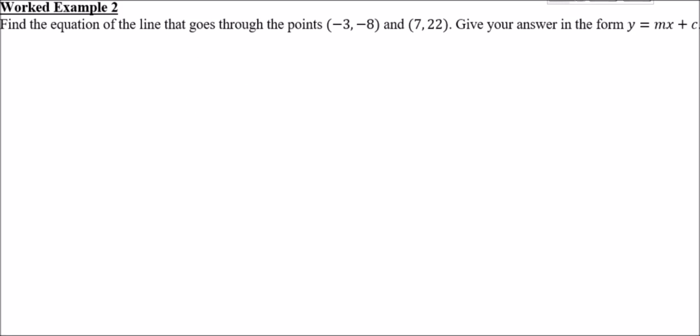We're at example 2. Find the equation of the line that goes through the points minus 3, minus 8 and 7, 22. Give your answer in the form y equals mx plus c. Well, here we're not told the gradient, but luckily we can work out the gradient, can't we? Because all we need to do is realise that the gradient is the change in y divided by the change in x between any two known points.